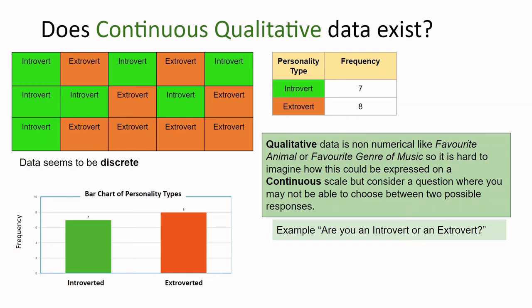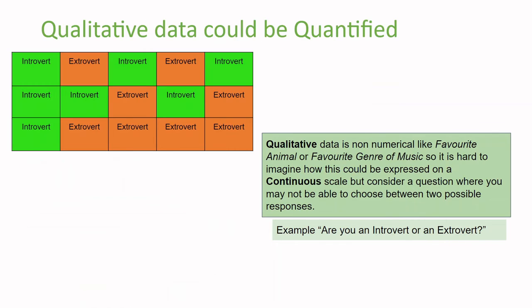However, I don't think this is a question that you can really answer one way or another. I think there is definitely a range of answers between being a complete introvert and being a complete extrovert. So rather than asking, are you an introvert or extrovert, I might be more inclined to ask, how introverted or extroverted are you?